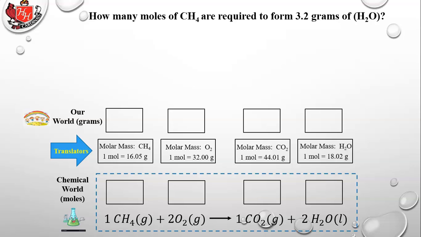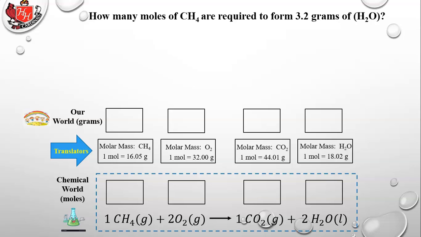CO2. Carbon, 12.01. Oxygen, we just said, is 32. If you add those two together, you get 44.01 grams for 1 mole of carbon dioxide. And water, finally, oxygen is 16. The 2 hydrogens are 1.01 times 2. That's 2.02. 2.02 plus 16 is 18.02 grams.